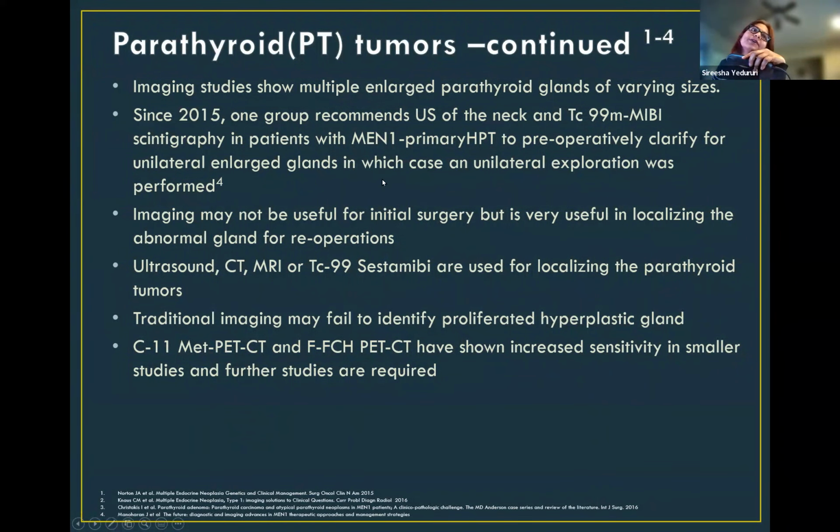They want to clarify the location, or whether it is unilateral glands, or before exploration, they want to identify where the glands that are causing symptoms are. For initial surgery, it may not be that useful, but if the patient recurs, that is when localizing has higher value.